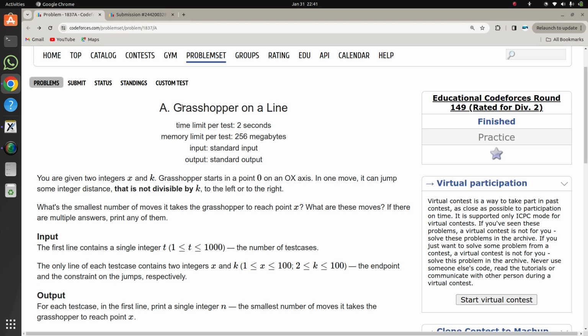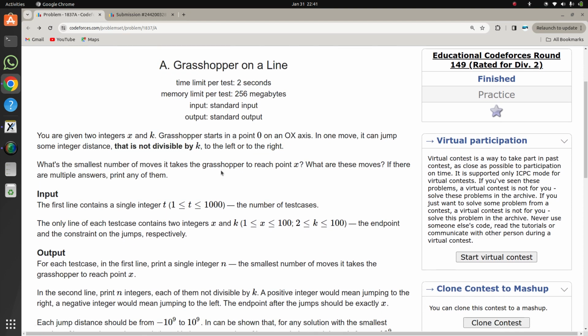So we are given two integers: the distance the grasshopper wants to reach from index 0. It can take multiple jumps of any distance to reach that point, and the distance of each jump should not be divisible by k.